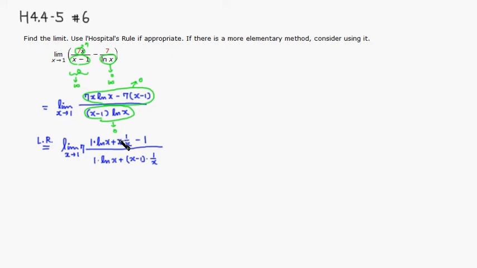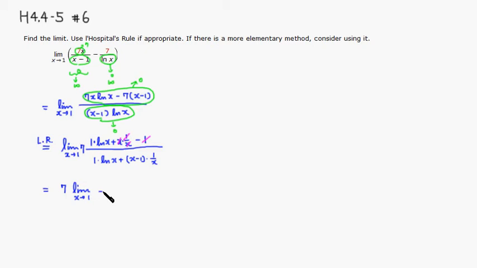Then try to simplify. So you have x cancel with x, and 1 minus 1 cancels. So you have a natural log of x. Let's clean it up first. The 7 is just a constant, so put it outside, and you have a limit as x approaches 1.